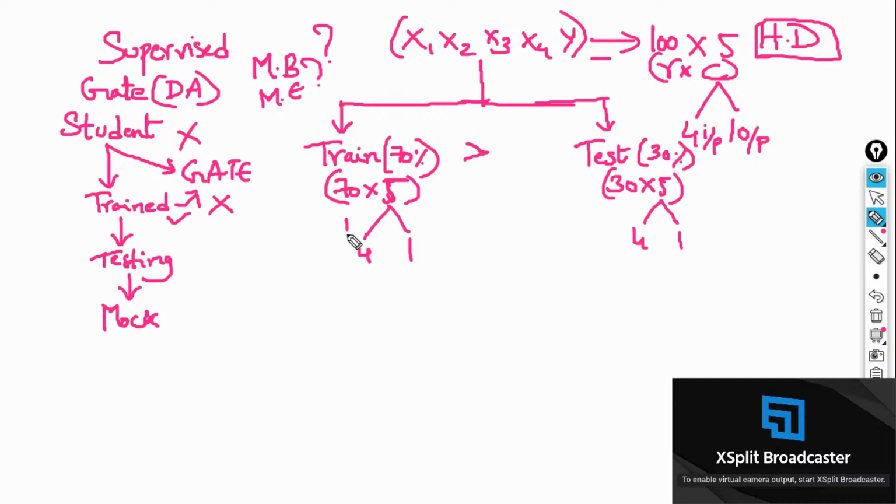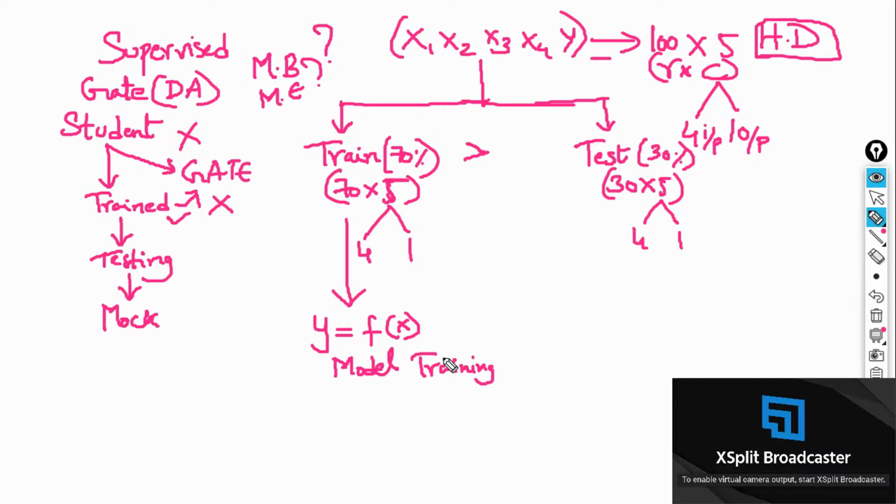Now I take this train dataset. I'll take this 70 by 5 and I'll build that equation. This is called model training. We train the model on the train dataset to build a mathematical equation.